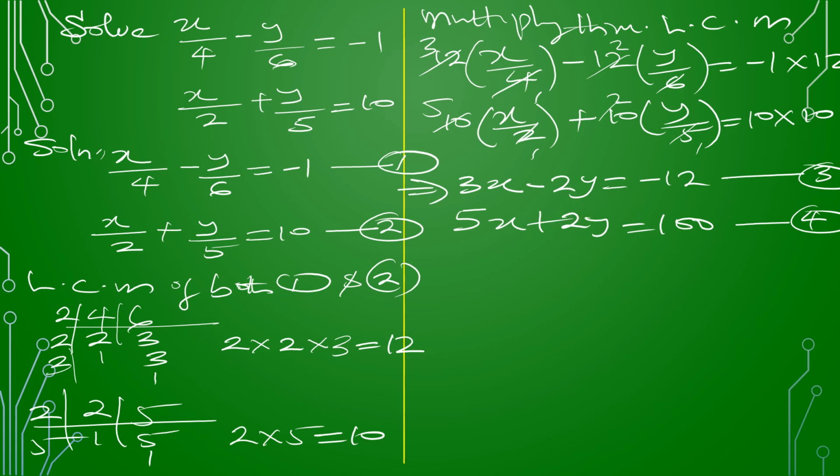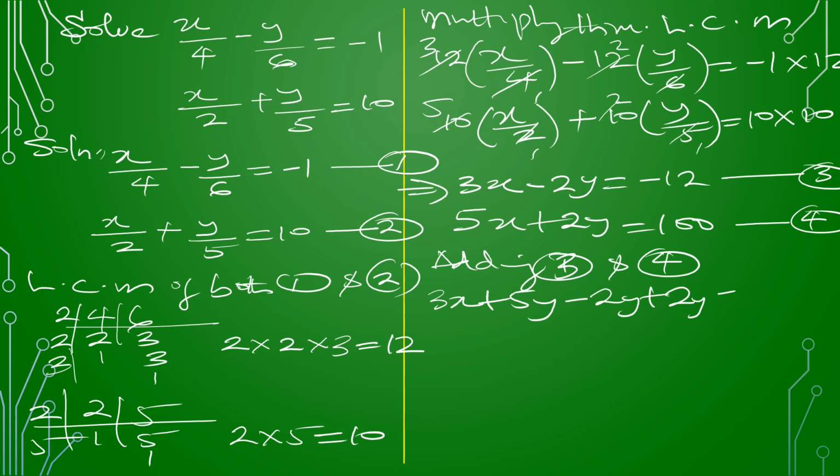Now we proceed. What do we do? We add. Okay, so let's add. So adding equation 3 and 4, because we want to eliminate one of the variables, which is y, we will now have 3x plus 5x minus 2y plus 2y as equal to -12 plus 100.